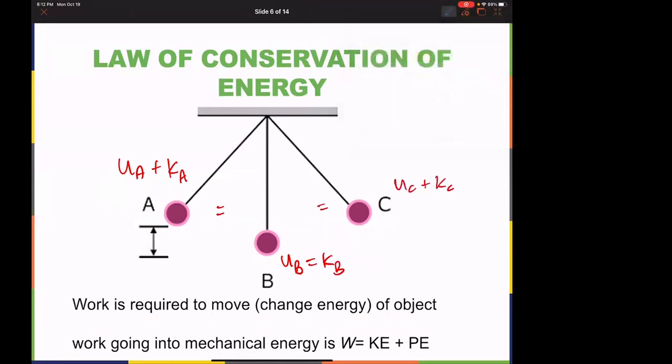Now at this point here, the kinetic energy is zero, it's not moving. At this point, potential energy is zero. And then back up here again, the kinetic energy is zero. So at each different point, you're either going to have potential or kinetic based on whether or not the object's moving.